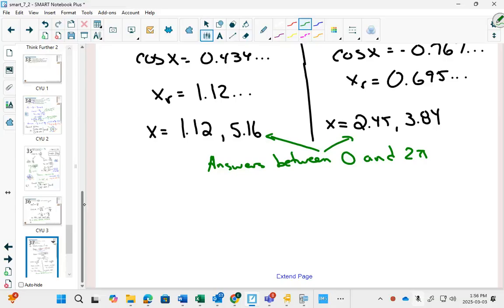If we look at this question, however, what was the domain they asked us to solve for? Did I write it right?